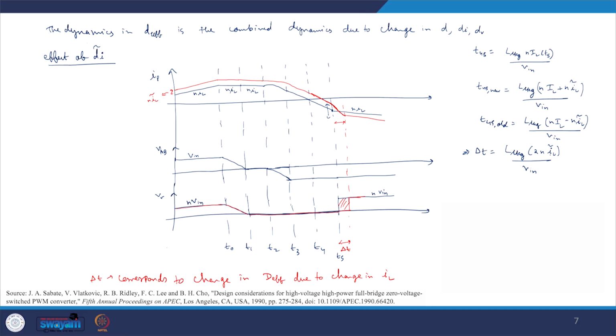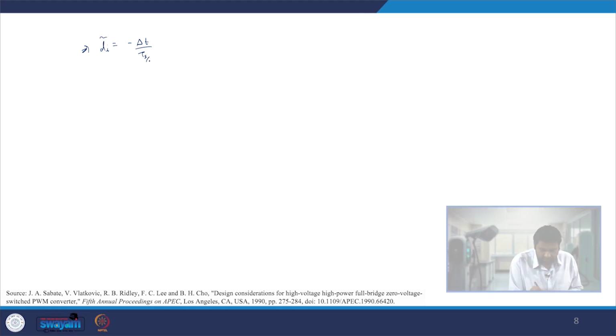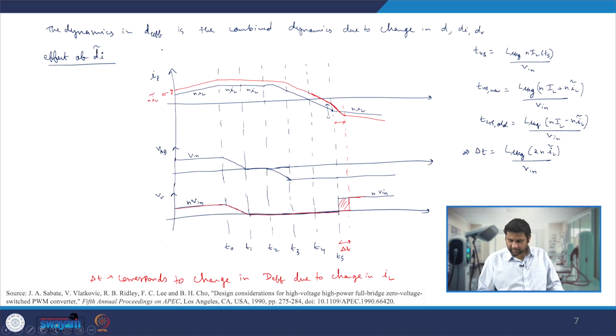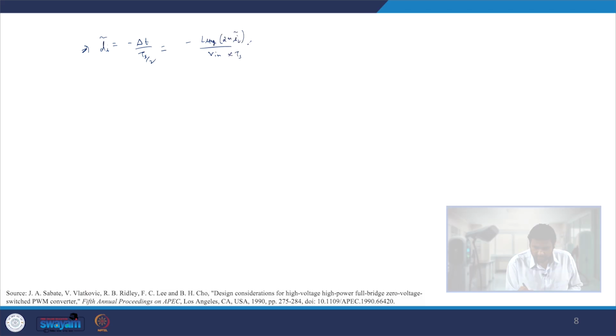Now because of this, whenever there is an IL change in the output inductor, it gets reflected in terms of N IL. So the effective delta T change is nothing but L leakage times 2N the IL, small IL tilde divided by V in, and then we can write that the change in the D is nothing but minus delta T by Ts by 2, which is, if we write down from this term, minus L leakage by V in 2N IL Ts into 2.